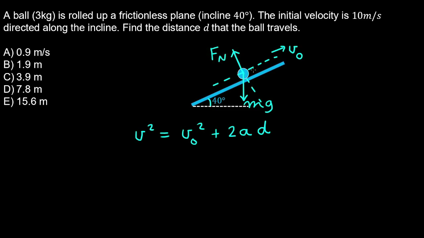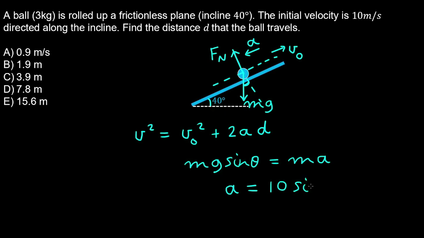And applying Newton's second law, we have the acceleration that's parallel to the plane, acting in a direction of the net force, which is mg sine theta. Noting this angle is equal to the angle of the plane, and that's equal to the mass of the ball by the acceleration. So therefore the acceleration here is g sine theta, which is 6.248 meters per second squared.